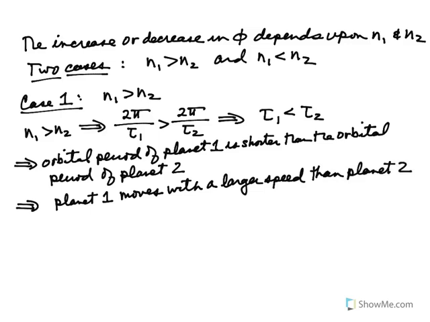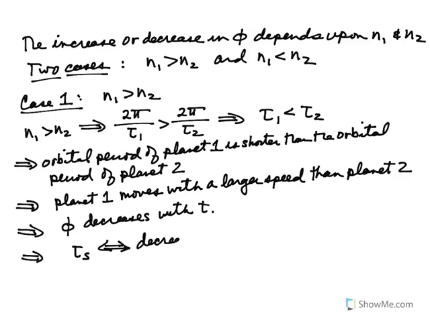So if planet 1 is moving with a larger speed than planet 2, that implies that the phase angle decreases with time. And that's because the phase angle is defined as nu2 minus nu1. So planet 1 is moving faster than planet 2, then that means that phase angle has to decrease. So that means that tau s is equivalent to a decrease in phi by 2 pi.